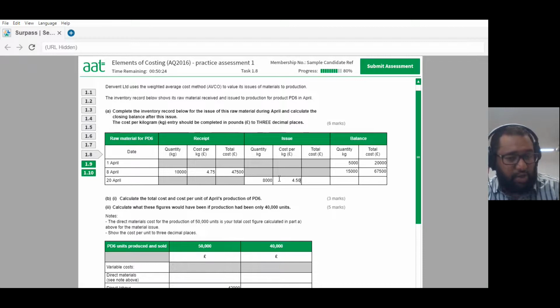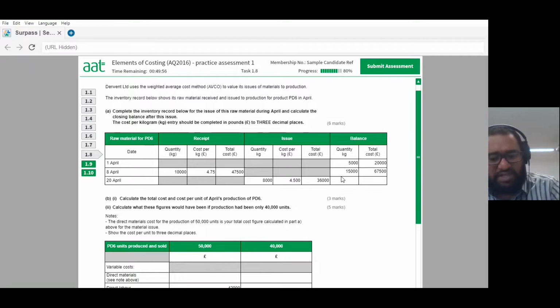But they're asking for 3 decimals, so let's do one more extra decimal there. You need to follow what they're telling you, so even if it's a 0, add that decimal to make sure you've got that amount. So here we have £4.500. Then you multiply by 8,000, and that gives me the final issue price of 36,000.